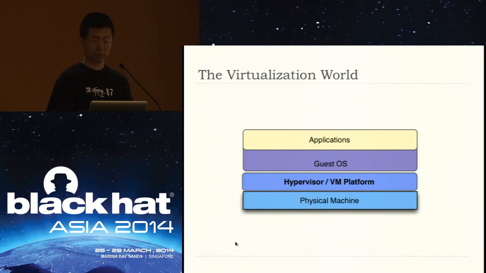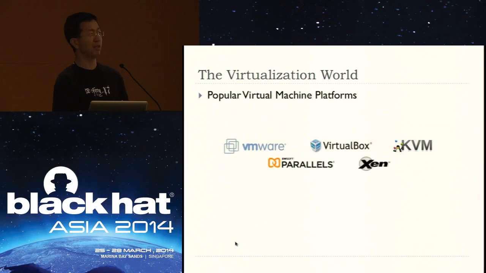Now, to make it more concrete, as a user, you probably use one of these. I just have a list of virtual machine platform providers, including VMware, VirtualBox. You've got to have used some of those. One thing I want to clarify is that some of these vendors actually produce multiple types of hypervisors.